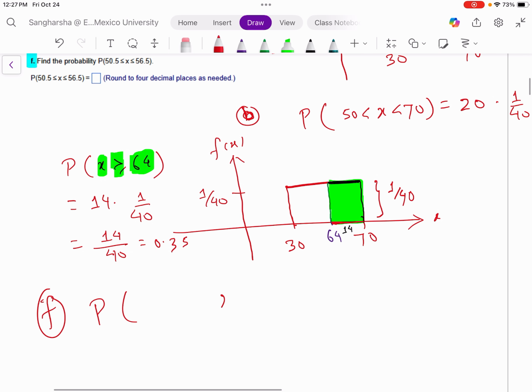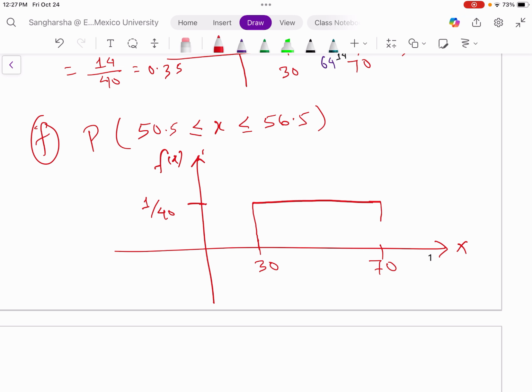We are using the same graph, so let's draw the rectangle. This is our f of x, this is 1/40, this is 30, this is 70. It's exactly the same graph, so we draw a rectangle here for the uniform distribution.